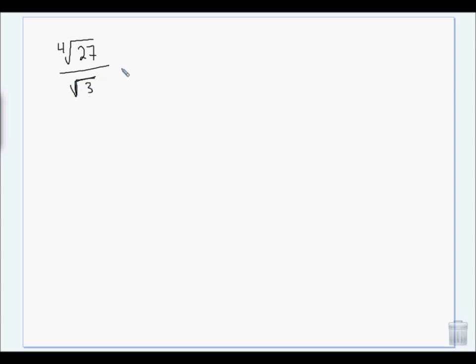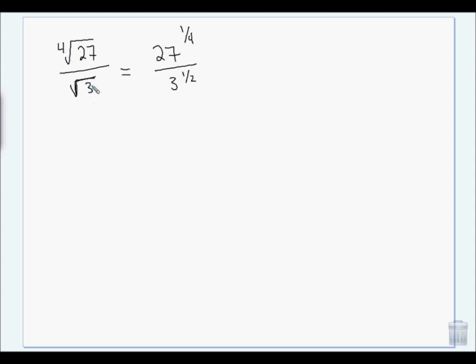If I turn these into fractions, I have the 4th root of 27, so that's 27 to the 1/4. And the square root of 3 is 3 to the 1/2. Right? Because if I multiply this by the square root of 3 over the square root of 3, I can get rid of the denominator that way, but I can't combine these because they're different radicals.